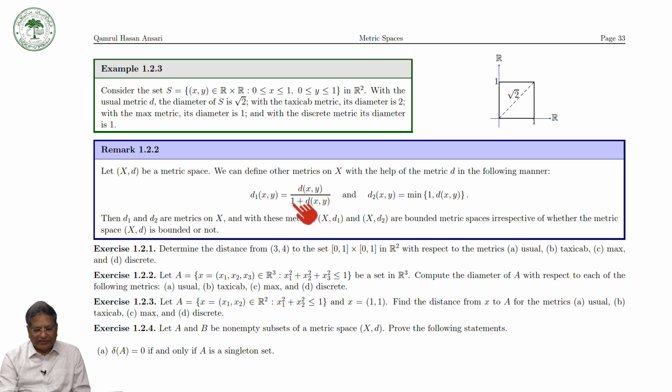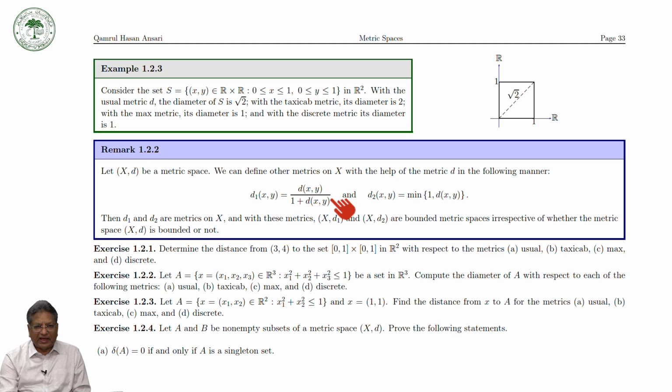I have already mentioned in the exercise in the previous talk that if we define d1(x,y) equal to this, then d1 is a metric on X. Similarly, we also gave in the exercise that d2(x,y) equal to the minimum of 1 and d(x,y) is also a metric. So this way d1 and d2 are metrics on X.